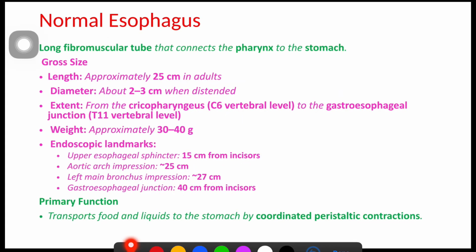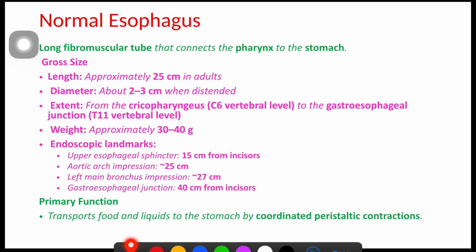So, what is the normal esophagus? It is a long fibromuscular tube that connects the pharynx to the stomach. Grossly its length is approximately 25 centimeters in adults, with 2 to 3 centimeters of diameter, extending from the C6 vertebra to the T11 vertebral level.